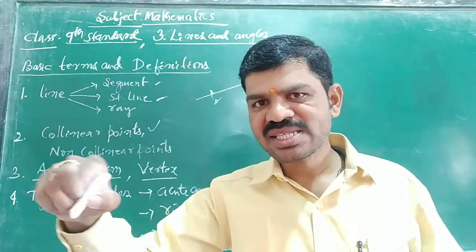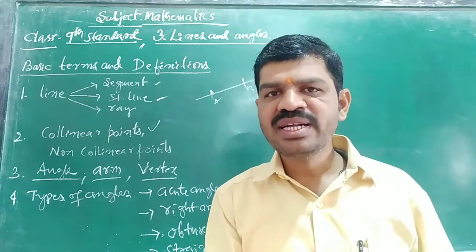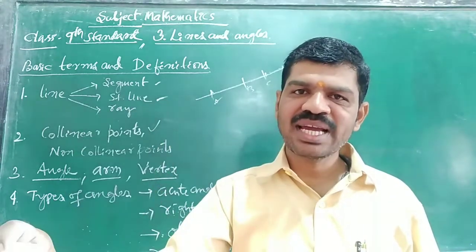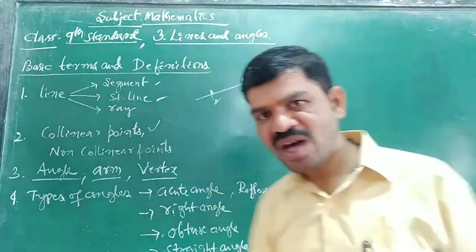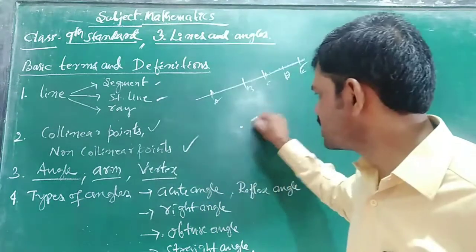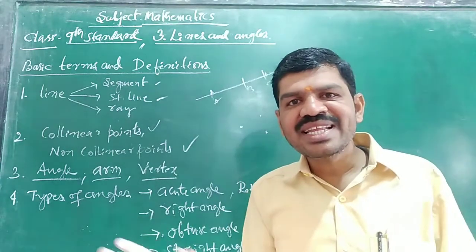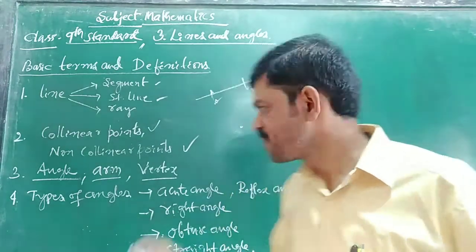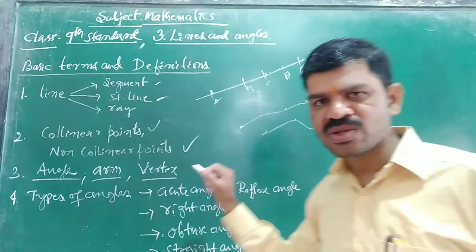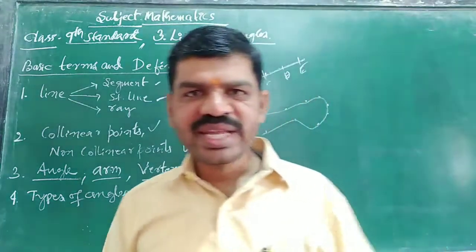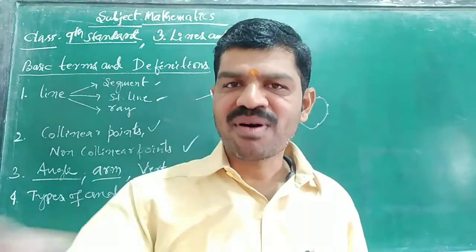Lie means exist in the same line. The number of points which exist on the same line are called collinear points. Non-collinear points in the sense there are some points which are not there in the same straight line. See, if we draw a line like that, they will not be there in the straight line. So non-collinear points are the points which are not there in the same line.